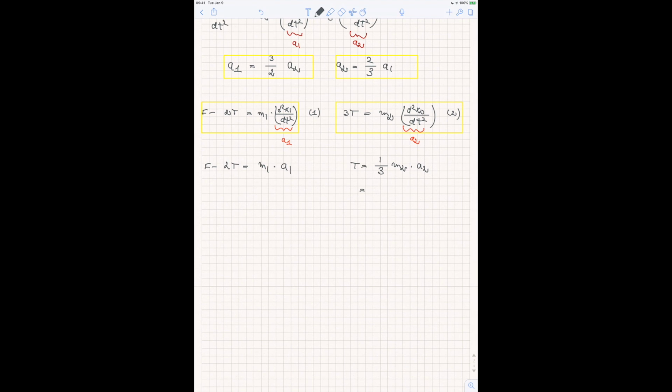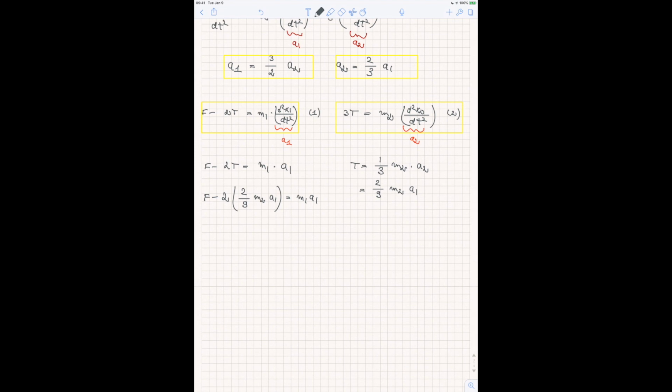So we would have here then 2/9 m2 times a1. And let's replace T here. F minus 2 times 2/9 m2 a1 equals m1 a1. And you can easily see that we can solve this for a1.